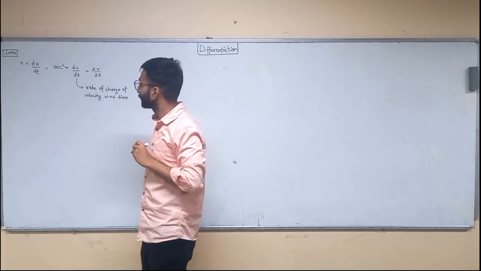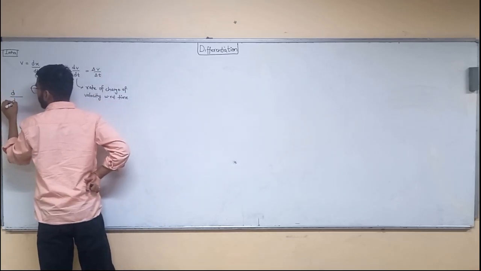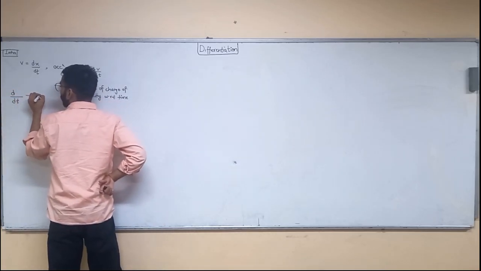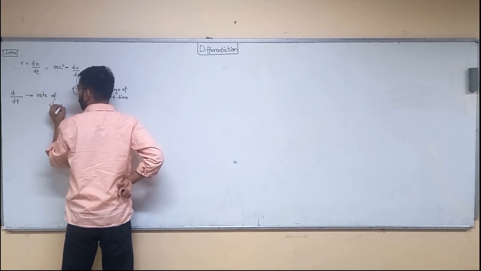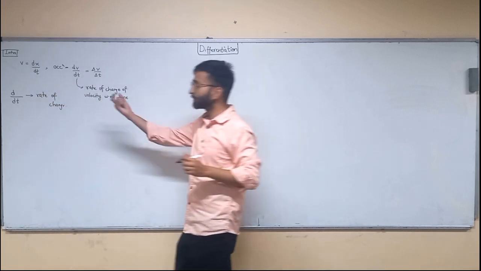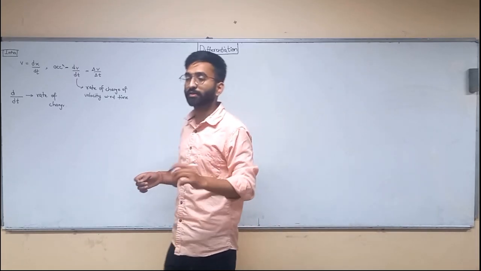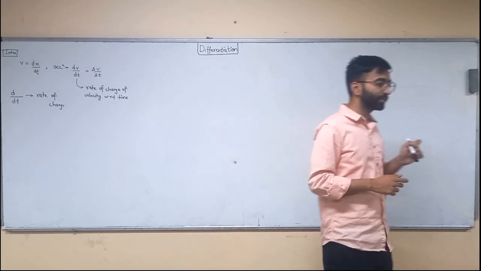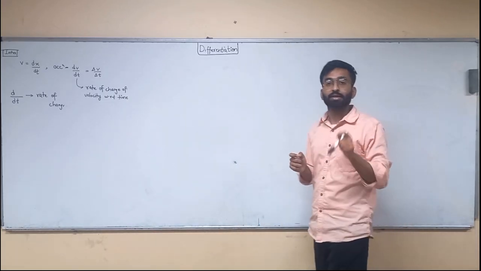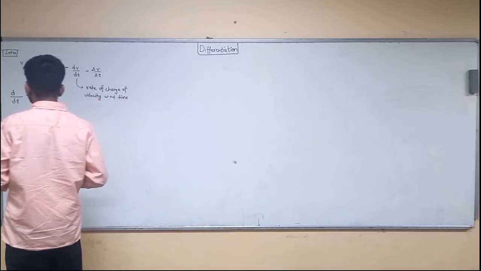Okay, dear students. So what is d by dt? This is the rate of change of some function or something, right? Whether you see d by dt in dx by dt, dv by dt, or any other variable, it just means that it depicts the rate of change of something.